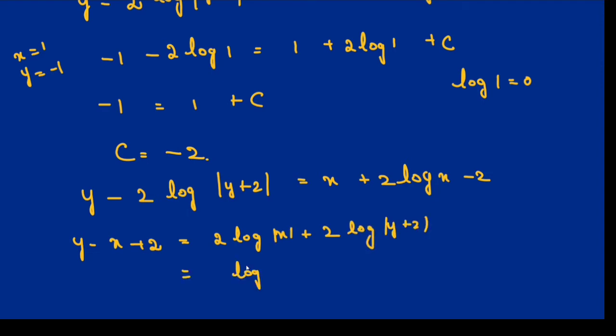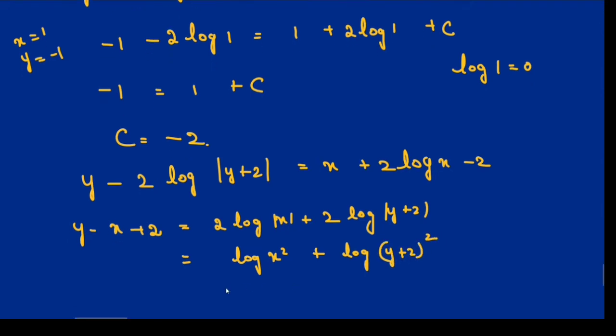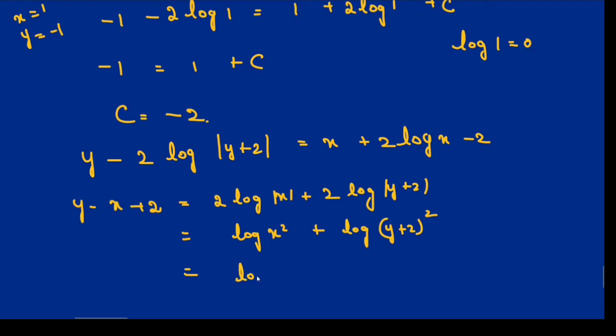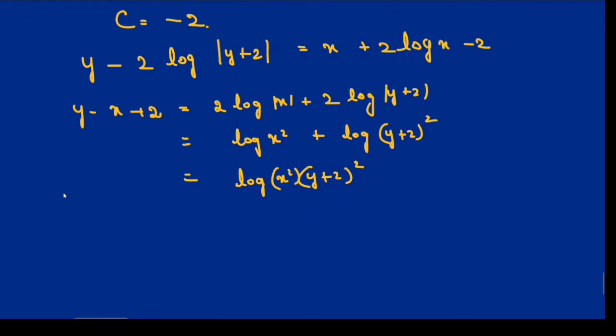This is log, apply the power rule, it will become log x square plus log, when you put x square you need not put the modulus sign, y plus 2 the whole square. So that is equal to log, you can use the product rule here, plus sign, so x square into y plus 2 the whole square. So the final answer is y minus x plus 2 is equal to log of x square into y plus 2 the whole square.